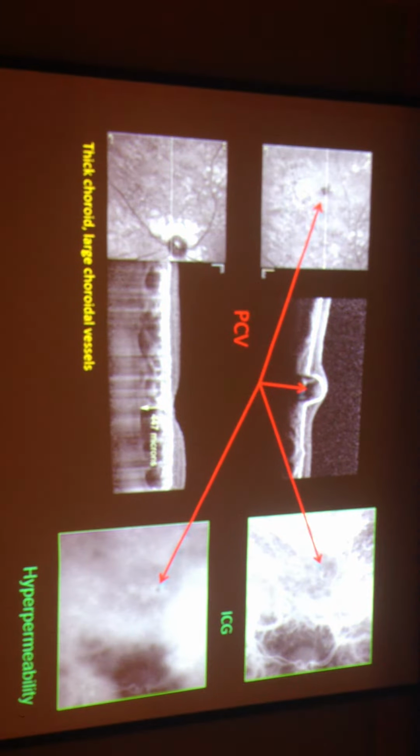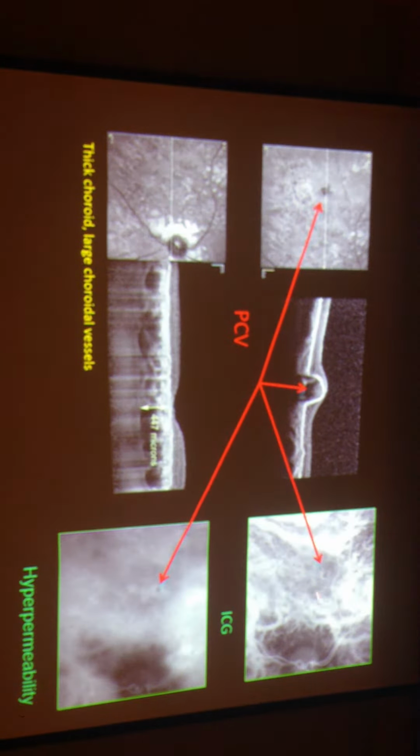And of course, when you do the ICG, you can see the area of the polyp there and choroidal hyperpermeability here, corresponding on OCT to this polypoidal lesion. And underneath that, you can see the thick choroid and the large choroidal vessels.